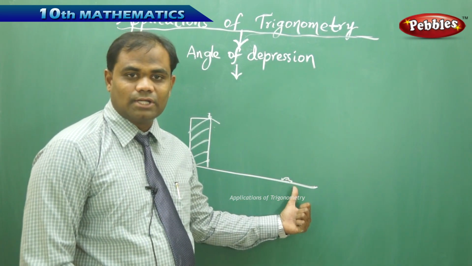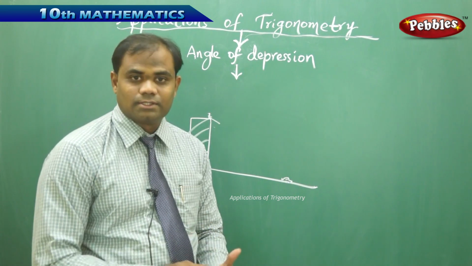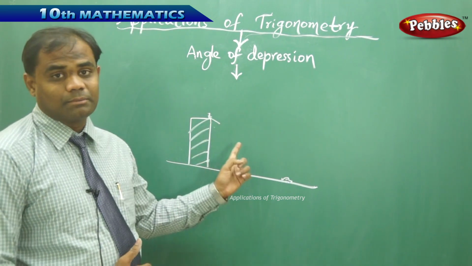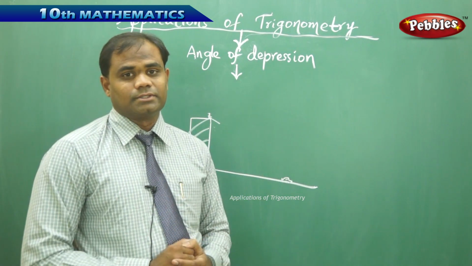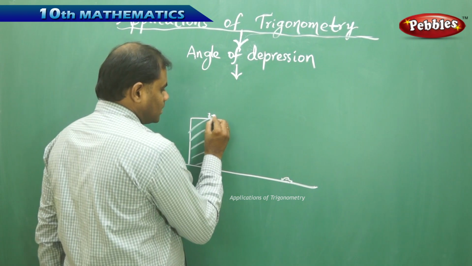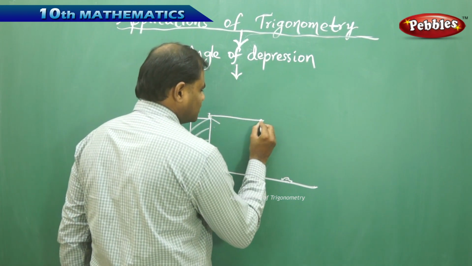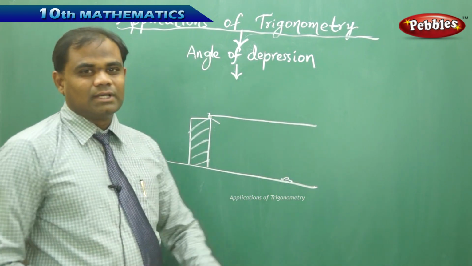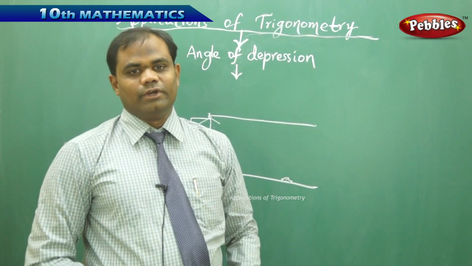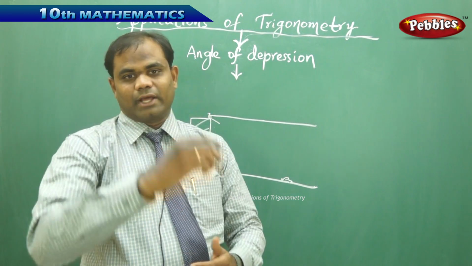When I want to see the car which is down below the building, I watch downwards, which is called angle of depression. But where does angle of depression come in here is the biggest question. To make a note, as I told you, the horizontal line is the first thing to be drawn here, because my angle is with respect to the horizontal line which makes with my eye contact.